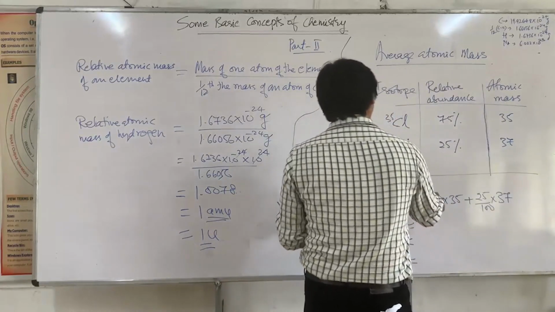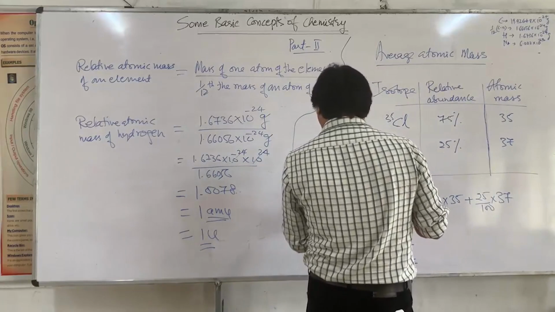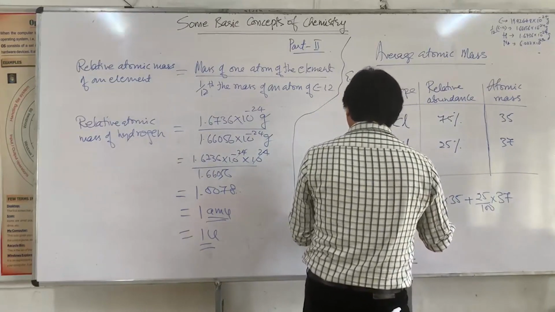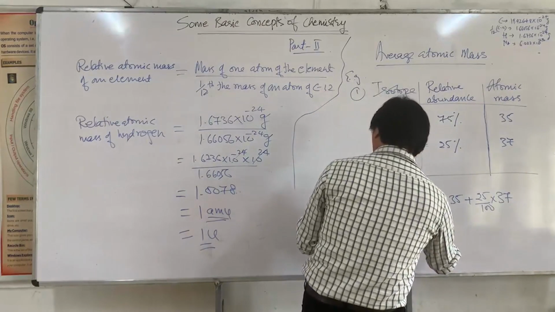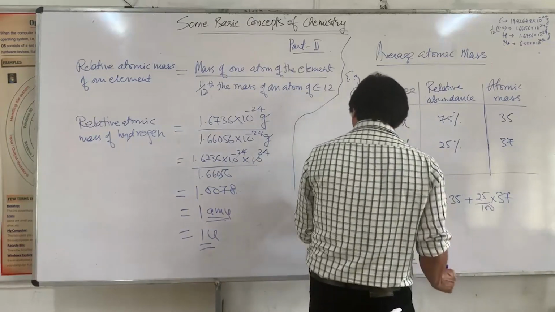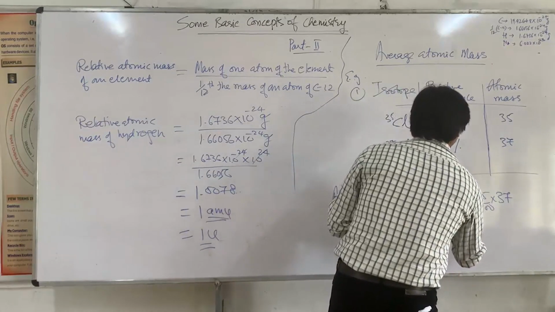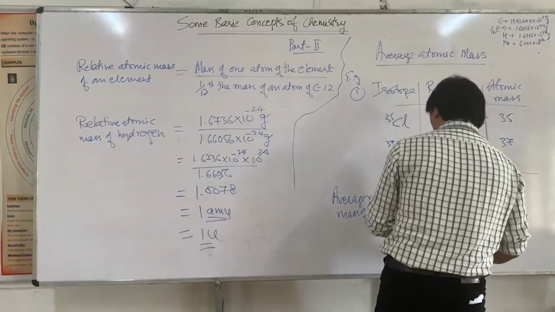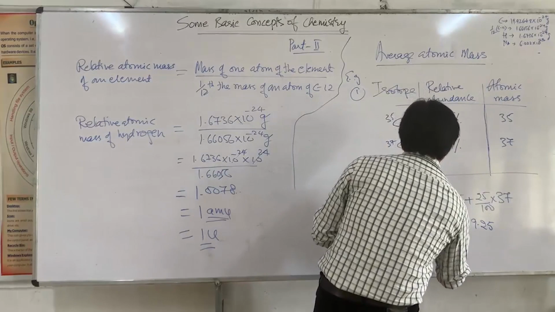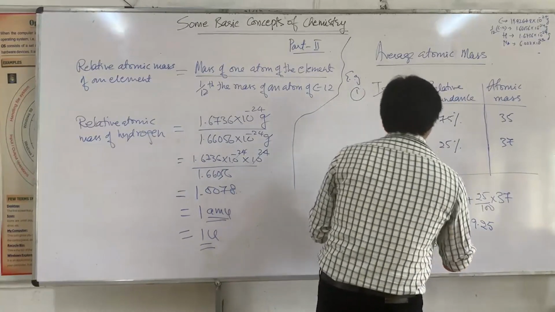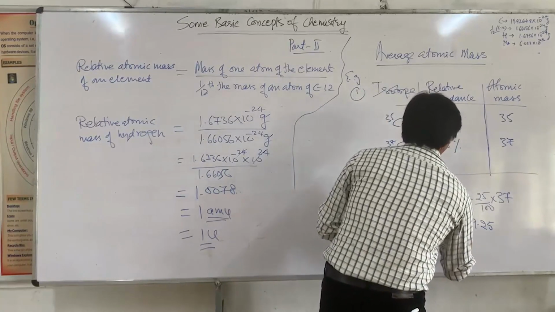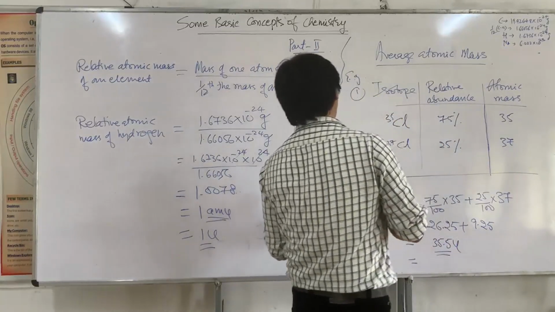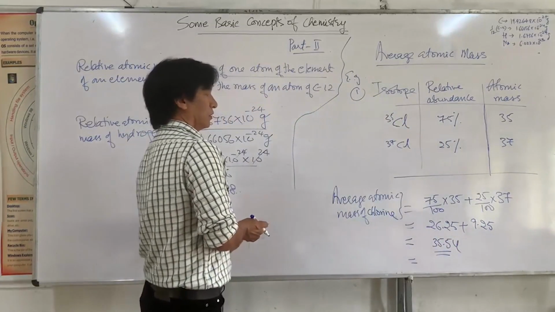When you work it out, the first is 26.25, plus this one here is 9.25, and the sum of these two is 35.5 u. So this is the average atomic mass of chlorine.